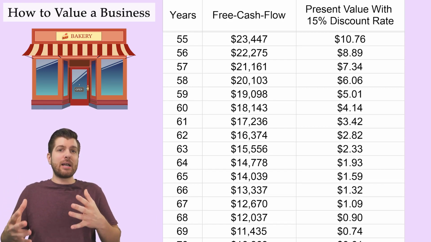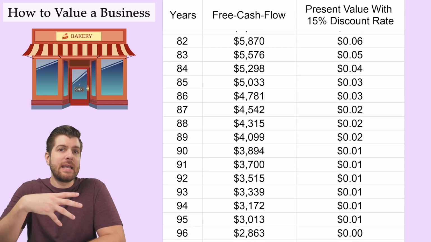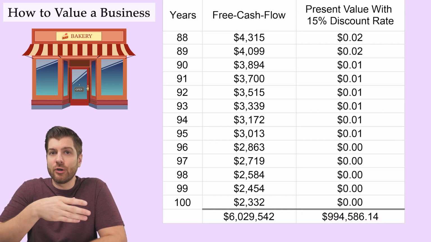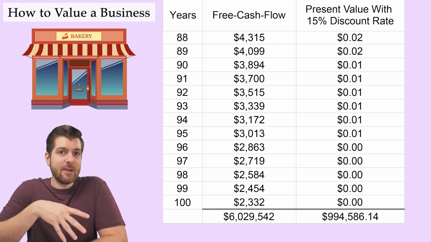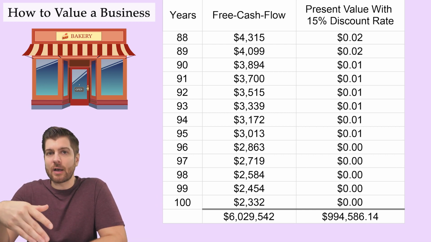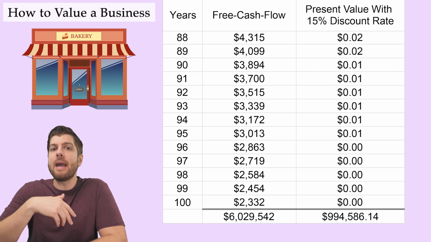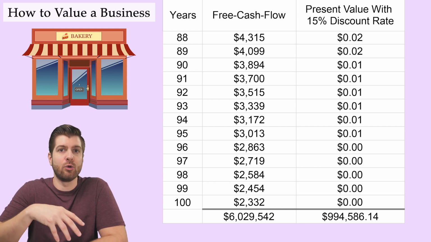So these are the present values of our future cash flows. And if we add them up, we get a total sum of $994,586.14. And what this means is that if we paid this $994,000 amount for this bakery business today, then we'd be making an investment that would provide us with 15% annual returns.